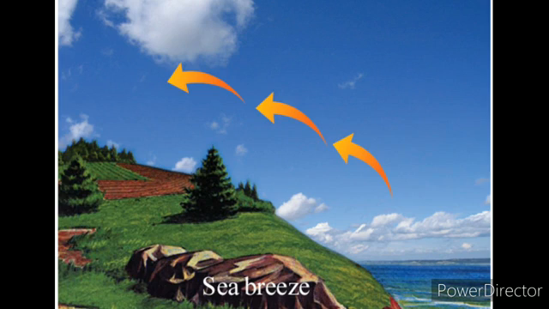This leads to the formation of low pressure over the land, which causes comparatively cooler air to blow from the sea. This is known as sea breeze. Keep in mind, sea breeze occurs during the daytime, and sea breeze is the wind from the sea to the land.